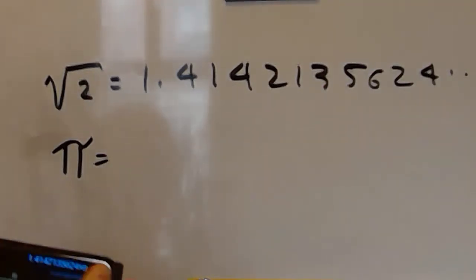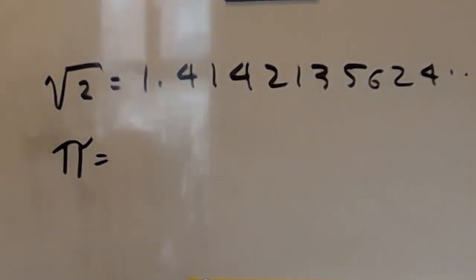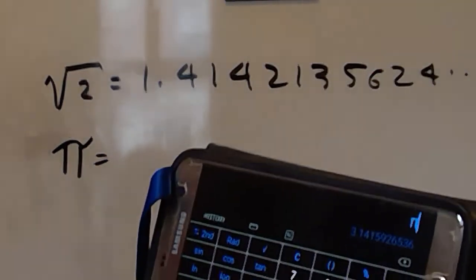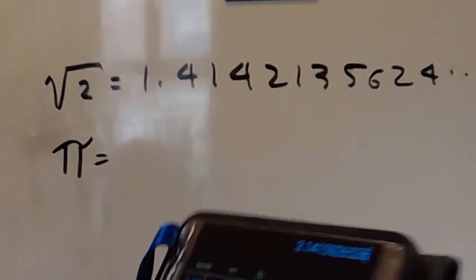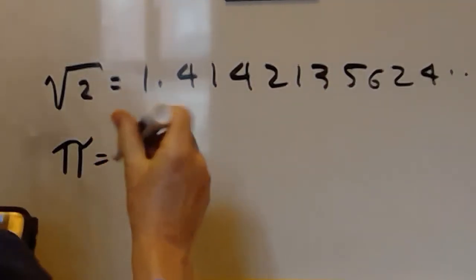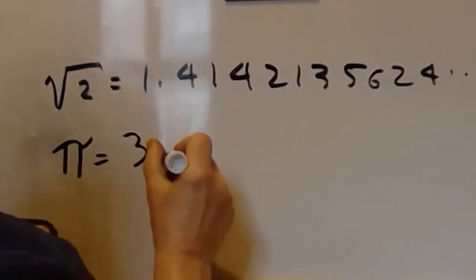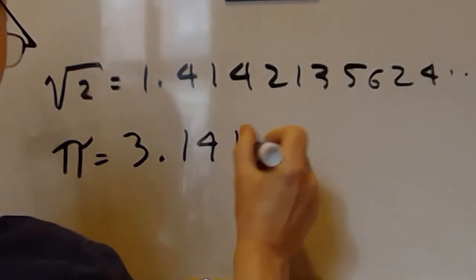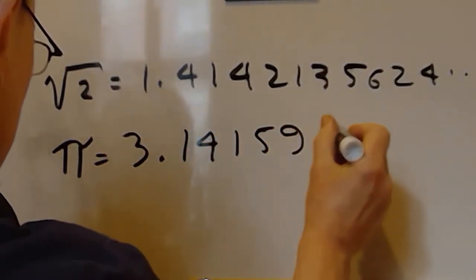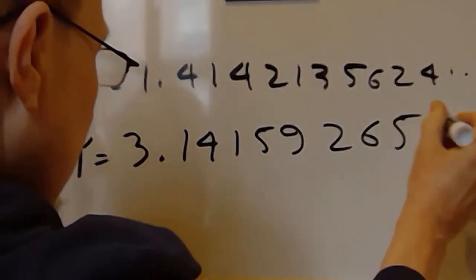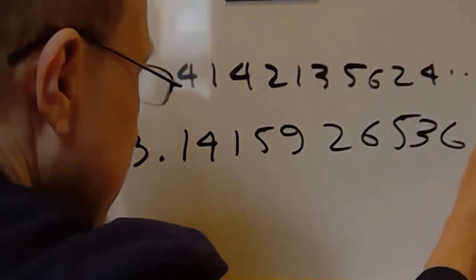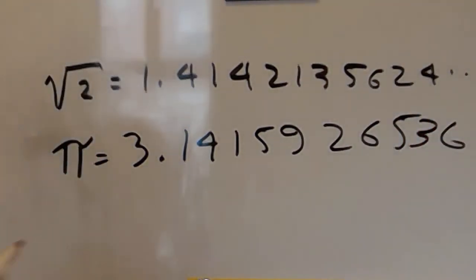Okay, here's my pi, equals pi, equals, and here I have 3.14159265336, and this basically goes on and on and on.